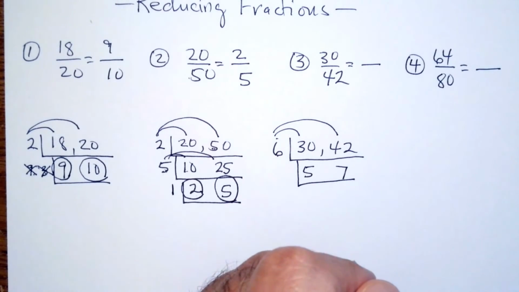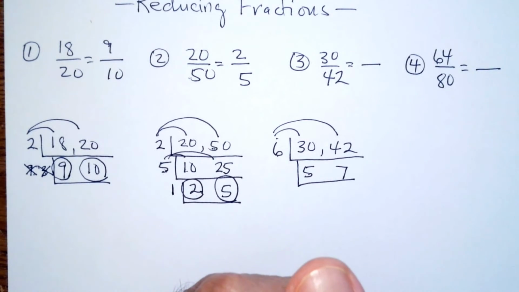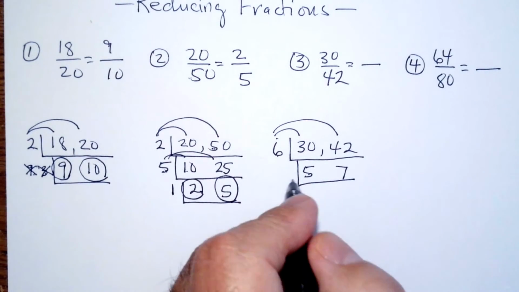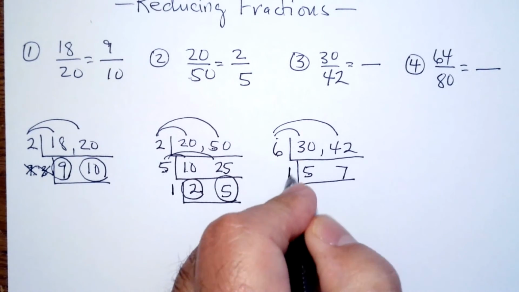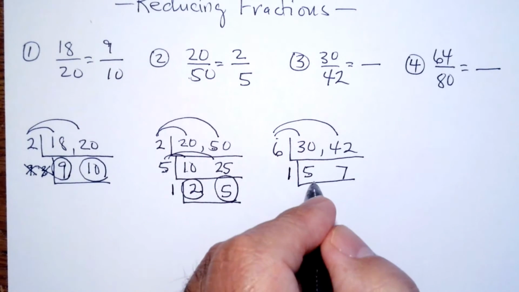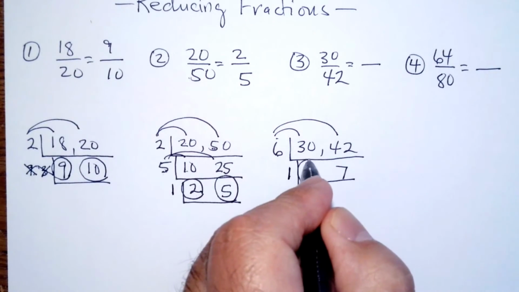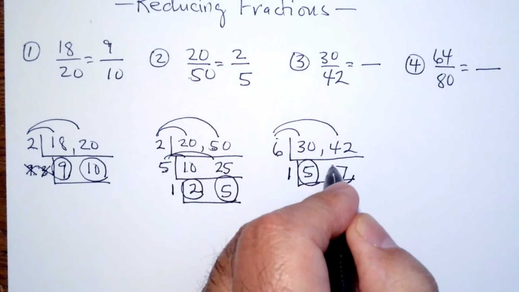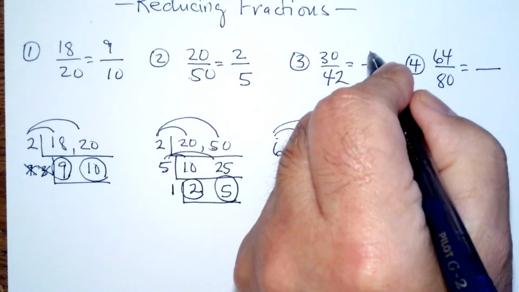Our next question is, what goes into both 5 and 7 at the same time? And if you can't find any number, any factor other than 1, you're done. My reduced answer is going to be 5 what? 5 sevenths.